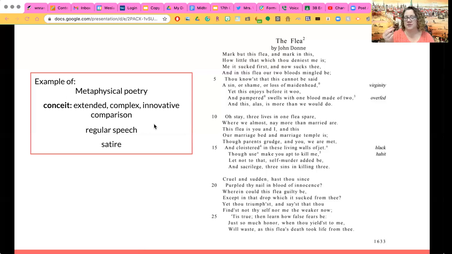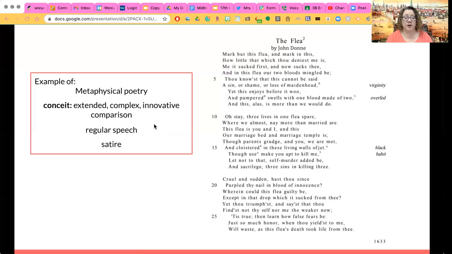The flea is a metaphor for marriage or the combining of two people together. And nobody would normally make that comparison. It's a really out there, innovative, complex comparison that's carried through the whole poem. And we call that a conceit. That's the term for that literary effect.